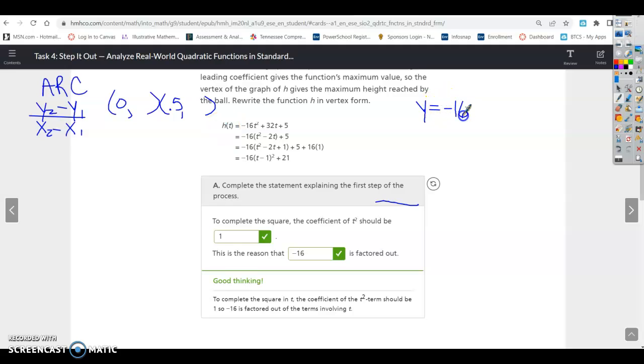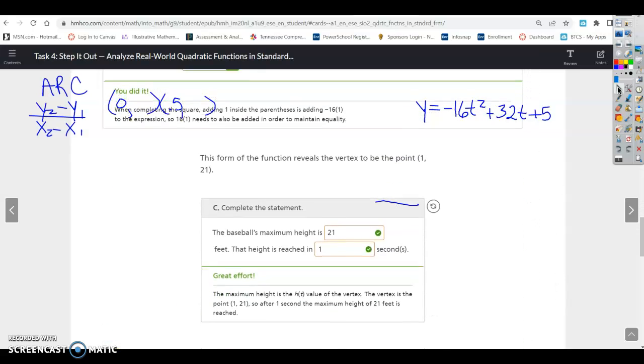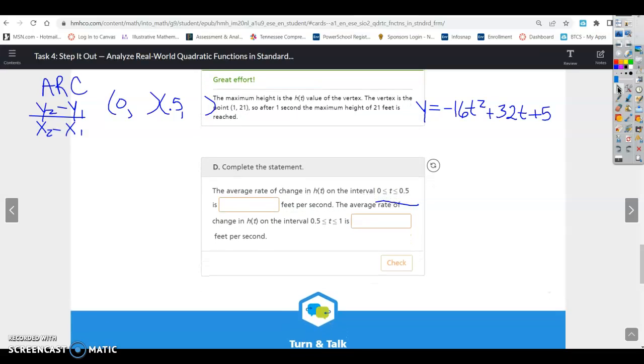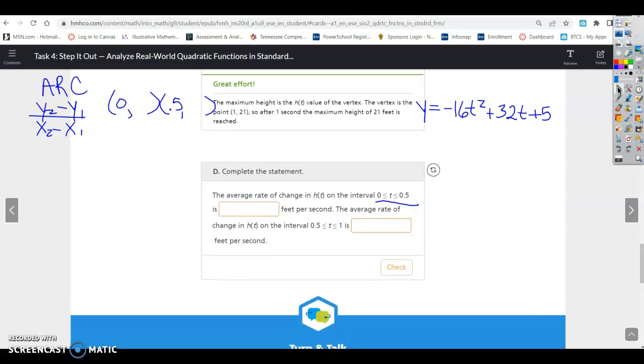So y equals negative 16 t squared plus 32t plus 5. Now, you can use standard form or vertex form when finding the average rate of change. You're going to get the same answer regardless, but I'm going to use standard form, because for me it's a little bit easier. You're just going to type it in your calculator and go with it.